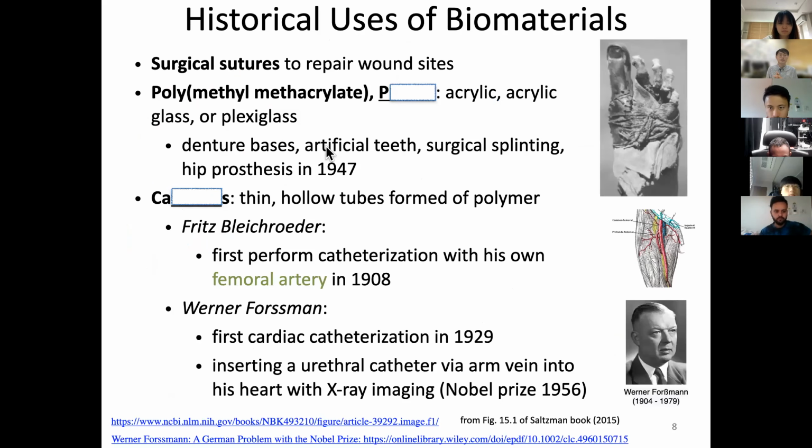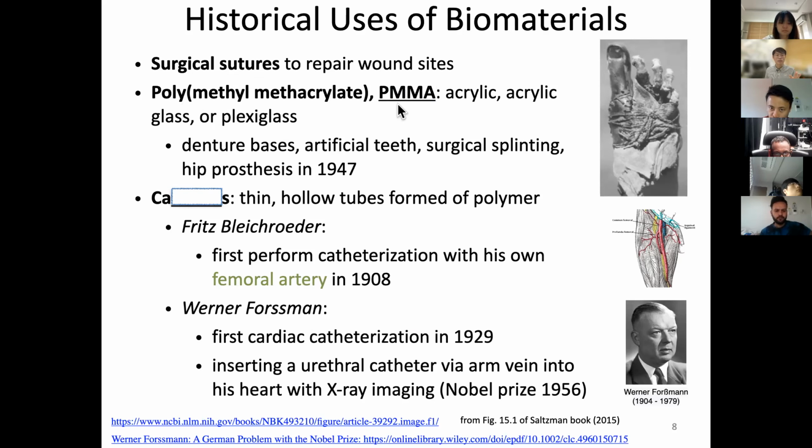So let's discuss a little bit of the historical use of biomaterials. The simplest biomaterial can be for a wound. We have to repair the wound. So the surgical suture, this thread to close up wounds, is like the first very old biomaterial. And there is a material called plexiglass, polymethyl methacrylate, or simply PMMA.